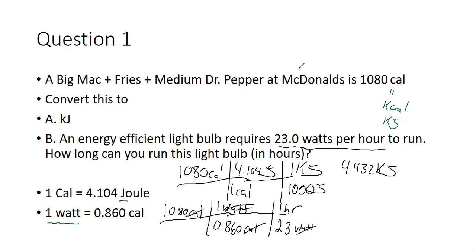So if I multiply everything on the top divided by everything on the bottom, what you find out is that from a number 1 at McDonald's, you could run your light bulb for 54.6 hours or about 2 days and 8 hours. That's how much energy is contained in that.